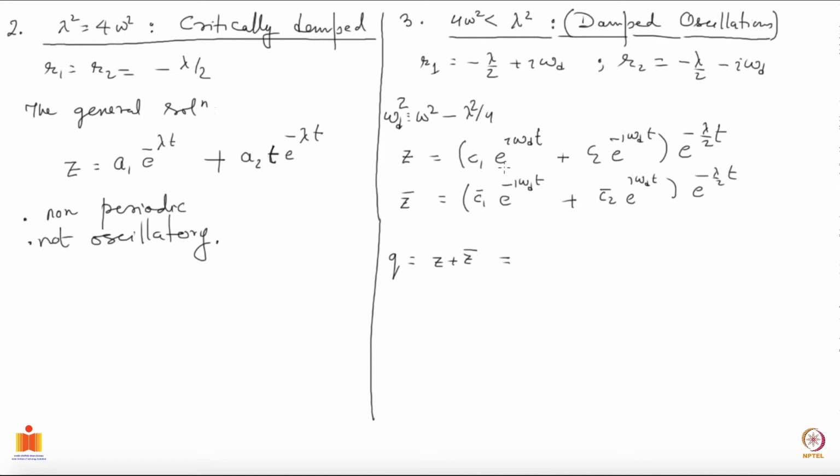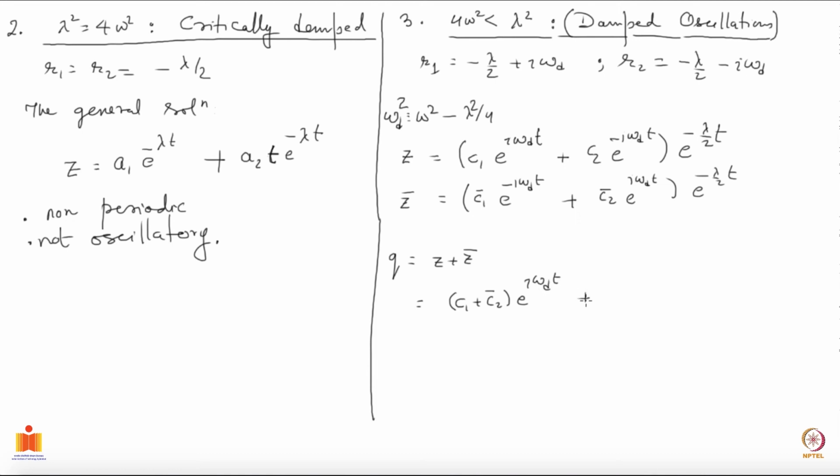So if I add these two up, I take this piece and combine with this piece, because they both have e to the i omega d t, and I get C1 plus C2 bar, e to the i omega d t.